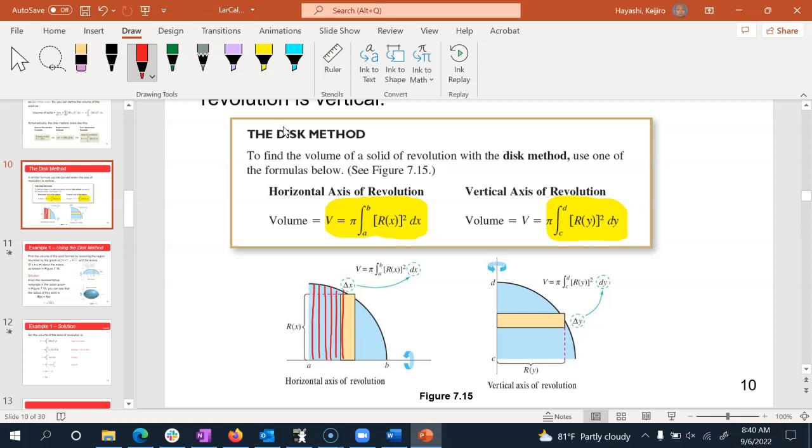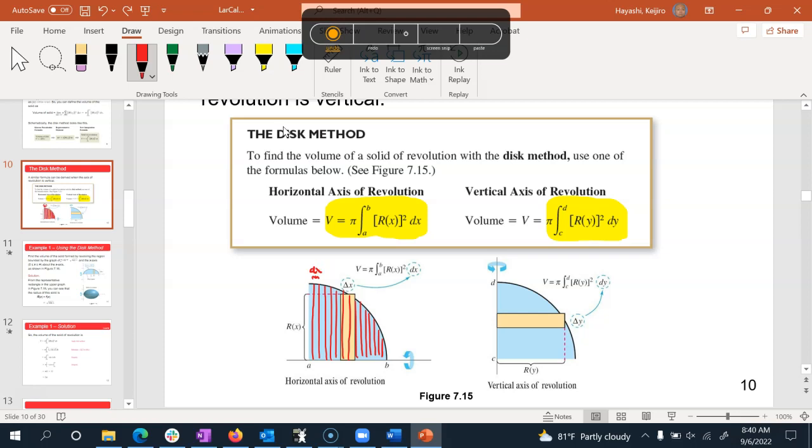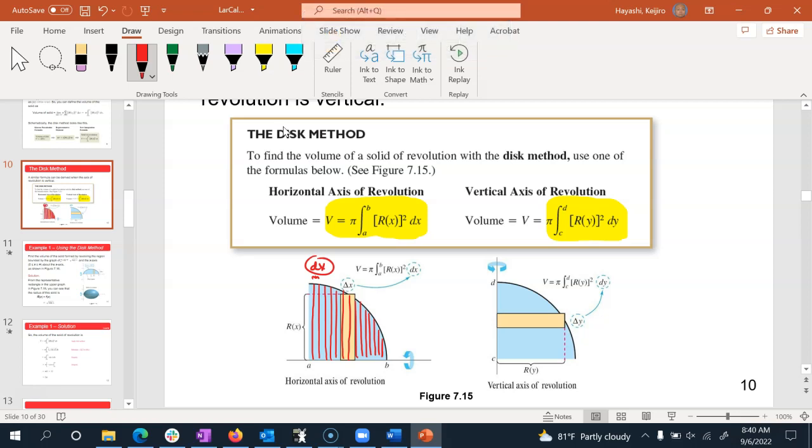And if you draw in these little slice marks, you can tell that your integral should be dx, because these thin little vertical slices have a width of dx. And they're infinitesimally thin with respect to x.